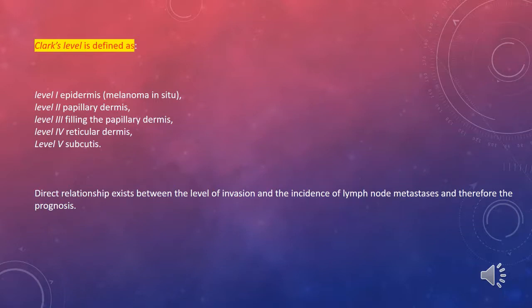A few words about the prognosis in malignant melanoma. Unfortunately, the death rate for malignant melanoma is high, and it can be cured if diagnosed early. As you see in the slide, the anatomical levels of the skin involved by the melanoma determine the adverse prognosis. The levels of invasion are determined from level 1 to level 5, and show a direct relationship with the incidence of lymph node metastasis and therefore the prognosis.